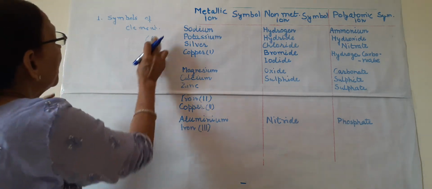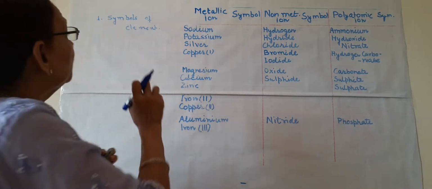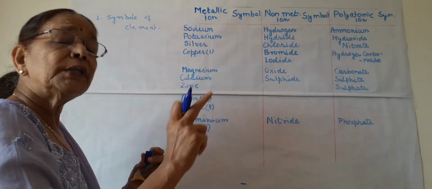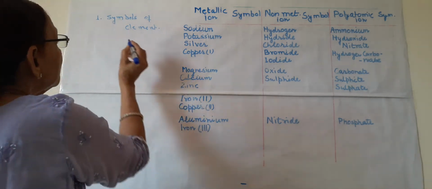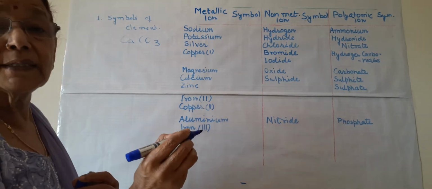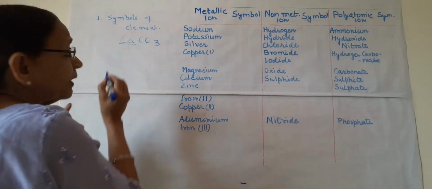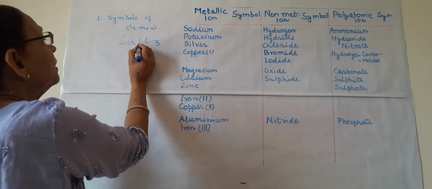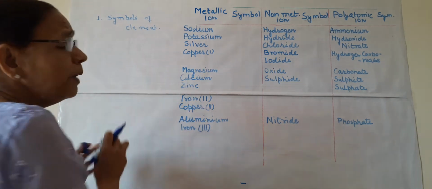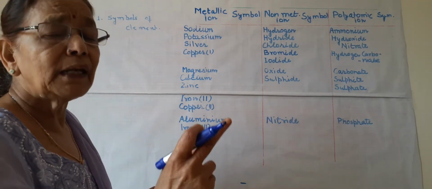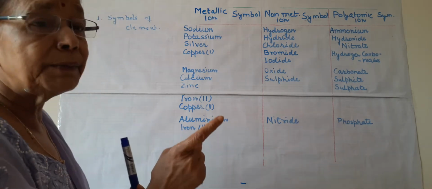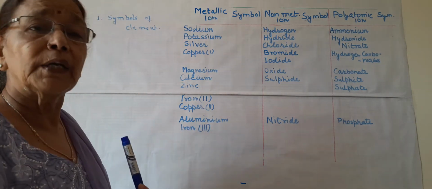So the first part for writing a chemical formula, we should know the symbol of the elements of which that compound is formed. Suppose a big compound is there, CaCO3, calcium carbonate. Then we should know the symbol of calcium, then carbonate of carbon and of oxygen. So a compound may be formed of 2 elements, 3 elements, 4 elements. So we should know the symbol of all the elements of which that compound is formed.